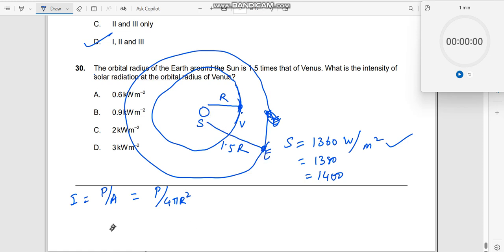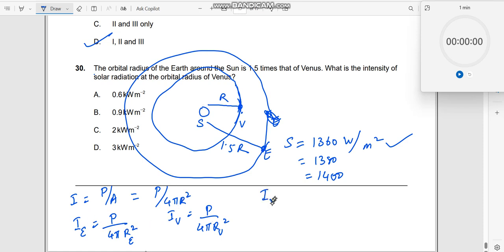So I will write I Earth is equal to P, the power emitted by the sun, divided by 4 pi r Earth square, and I Venus is equal to P divided by 4 pi r Venus square. Now, I want the intensity at Venus, and I already know about the Earth.